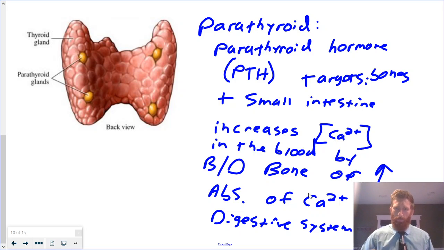Because it's in the digestive system, it's in the tube. Remember, you are a donut, right? And so whatever's in your small intestine isn't actually in your body. But if we want more calcium in our blood, then we're absorbing that calcium through the small intestine into the bloodstream if we need to increase. Also, similarly, if we need more, we're going to break down bone where the calcium is stored, and that's going to increase our blood calcium levels.